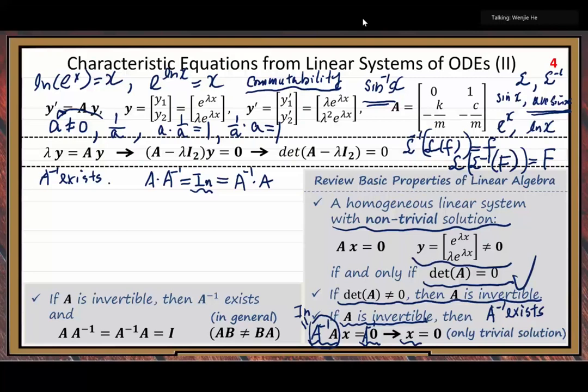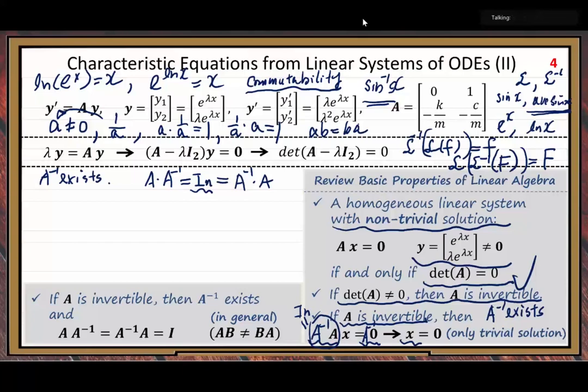For scalar algebra, AB always equals BA. So the scalar product is commutable, you can switch the sides. Addition also: A plus B equals B plus A. Addition is also commutable.